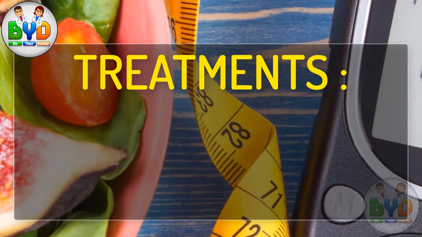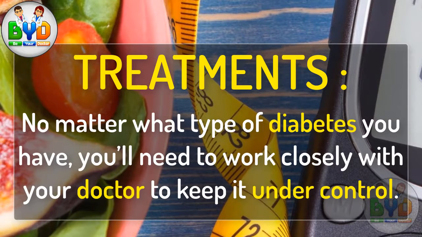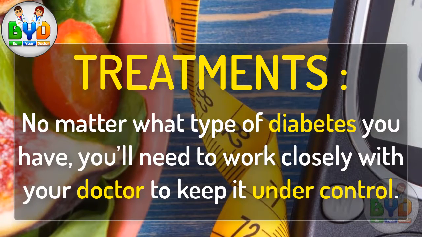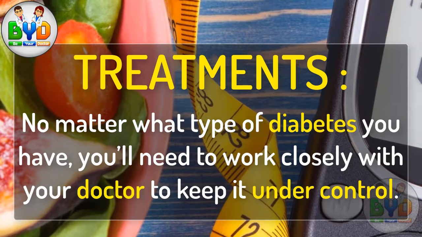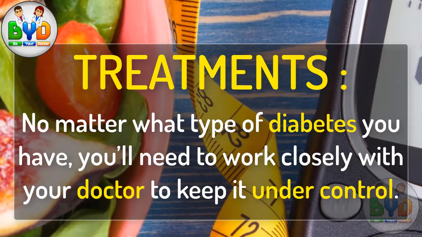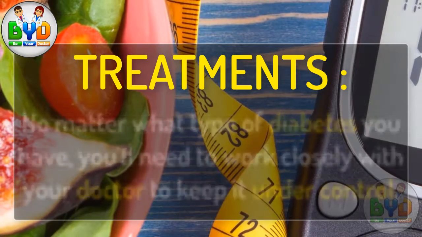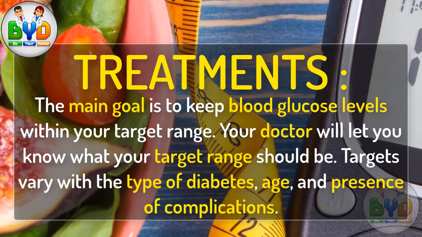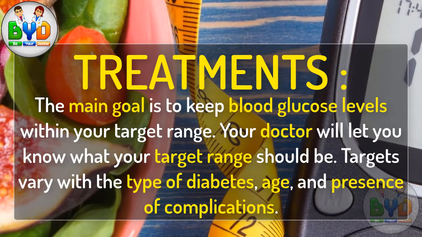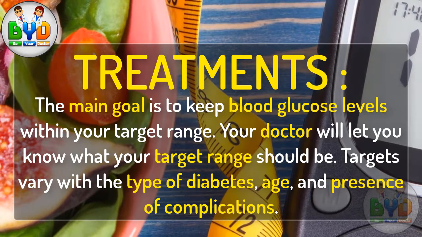How are different types of diabetes treated? No matter what type of diabetes you have, you'll need to work closely with your doctor to keep it under control. The main goal is to keep blood glucose levels within your target range.